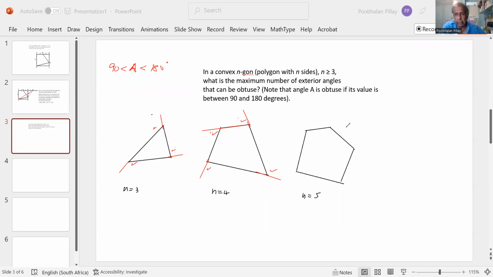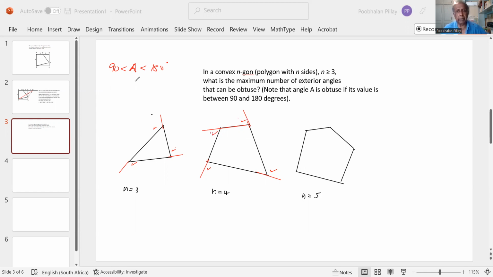And when you look at this, you will see that again the number of obtuse angles, which are exterior angles also, will be 3. So how do we know that?